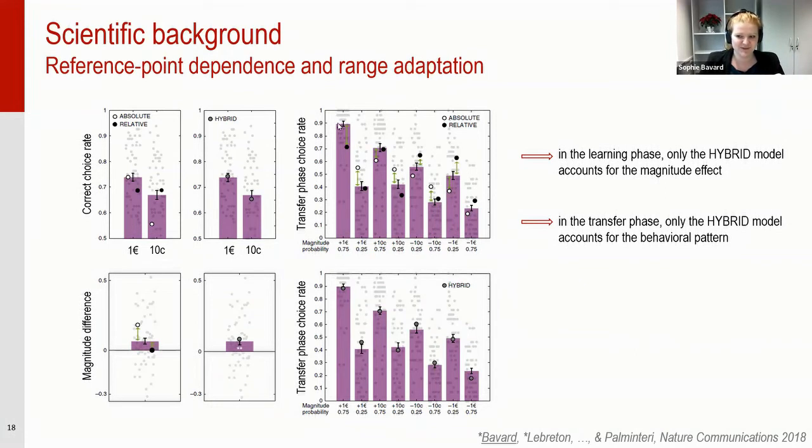The absolute model in white predicts a linear valuation of each of the symbols, and the relative model is again binary, with a good option and a bad option in each of the contexts. But the hybrid model is the only one to match participants' behavior, especially this inversion here, which is the key behavioral result of this paper, where the participants preferred an option that made them lose more often than an option that made them win, which I think is quite neat.